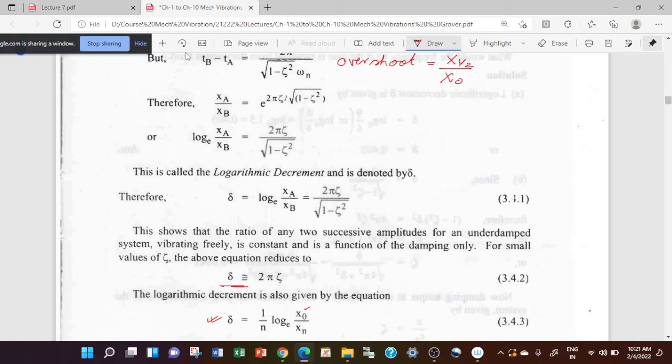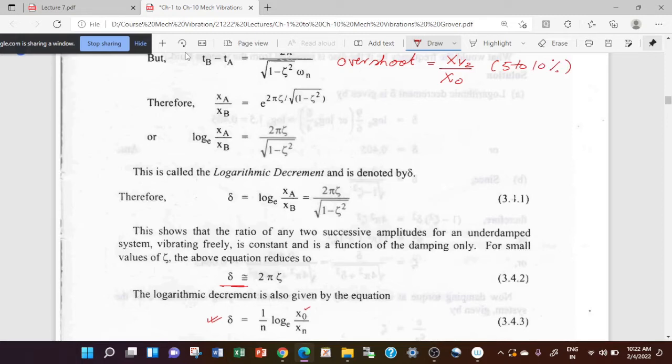X half is basically the amplitude of the first half of the next cycle immediately on crossing the time, and x naught is the initial amplitude. Generally, we keep this overshoot 5 to 10% for a mechanical damped system.